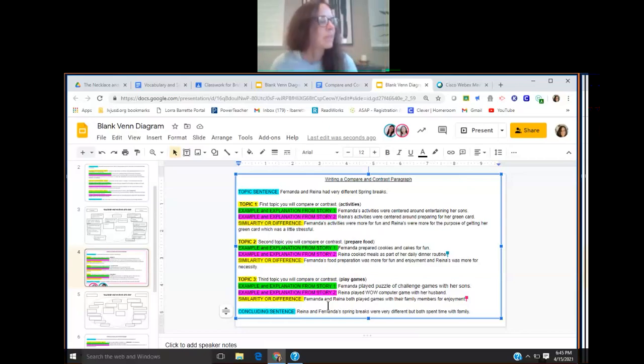Okay. So the first story that we're going to read is called The Necklace, and we're going to read the abridged version first. And then it's going to be your job to read the unabridged version. And I'm not going to lie, the unabridged version has lots of difficult vocabulary.